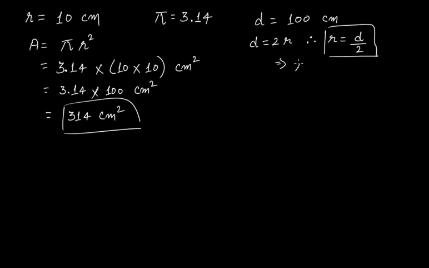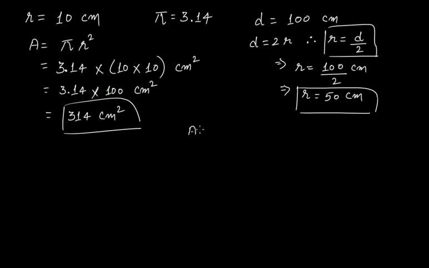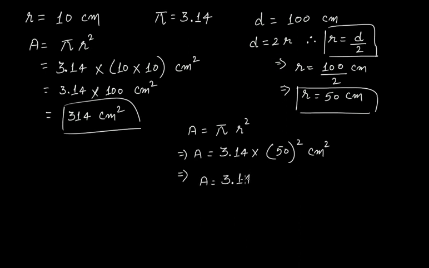Therefore in this case r becomes 100 over 2 centimeter, and r is equal to 50 centimeter, right? So if you put in A is equal to pi r square, A comes as 3.14 times 50 square centimeter square. This becomes A is equal to 3.14 times 2500 centimeter square.